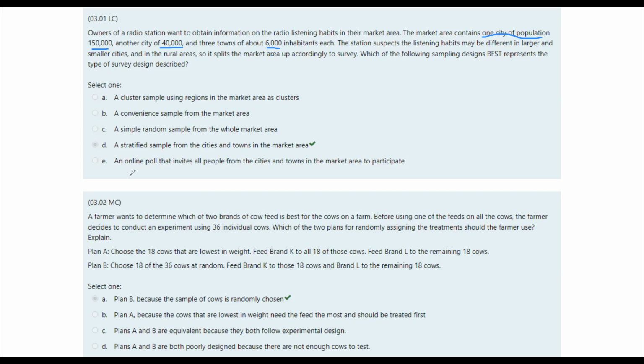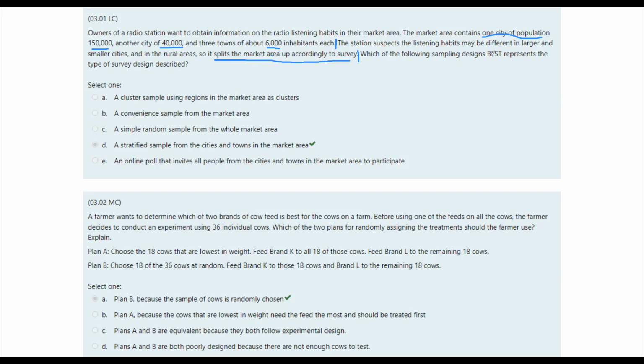So what is this? The key sentence is this one. It's saying it splits the market area according to the survey. So it looks like they split it based on the survey.